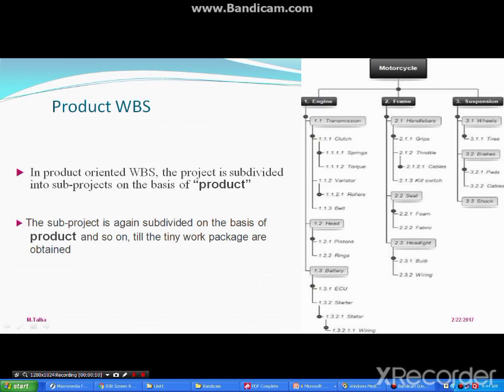This is the way how the work breakdown structure of construction of a motorcycle will look: engine, frame, and suspension. In engine also I divide this into three parts: transmission, head, and battery. The frame will be divided again into three parts, that is hand brakes, seat, and headlight. Then suspension will be divided into wheels, brakes, and shocks.